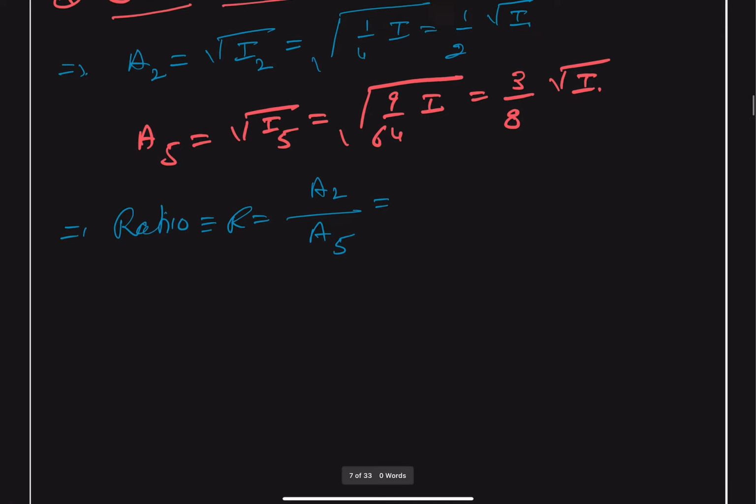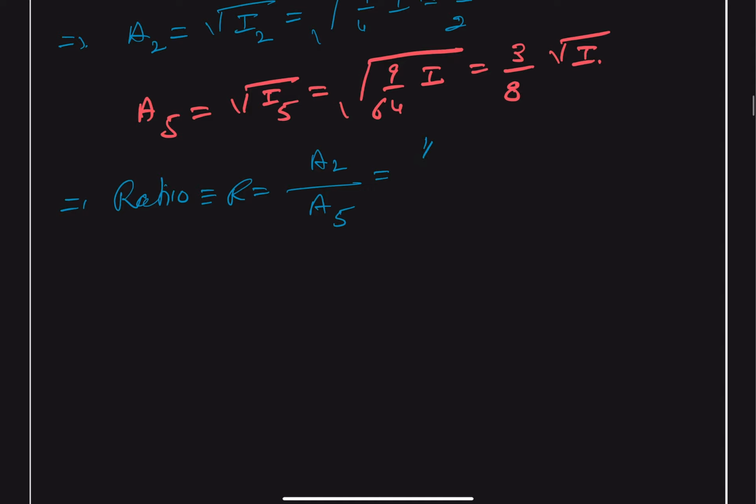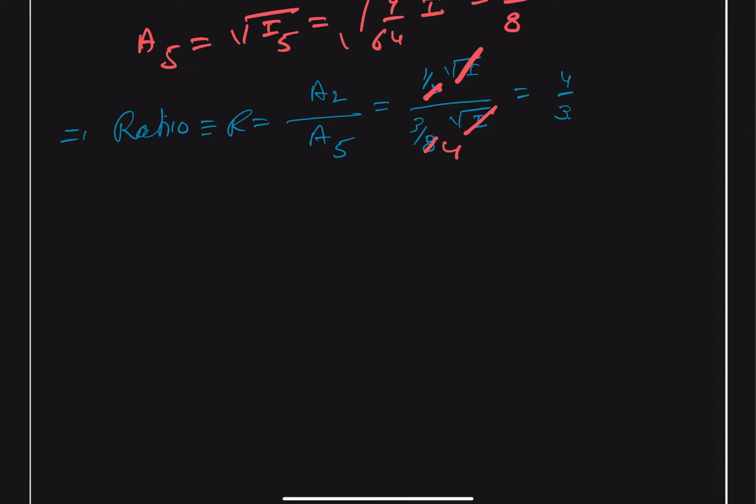A2 was 1 by 2 square root of I, and A5 was 3 by 8 square root of I. Here the square root of I cancels, and the 2 goes with 4, so we are left with 4 by 3. Now we have to find out the maximum and minimum intensities.